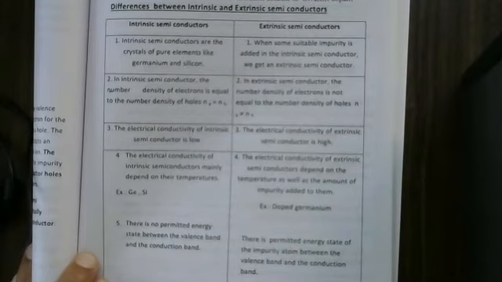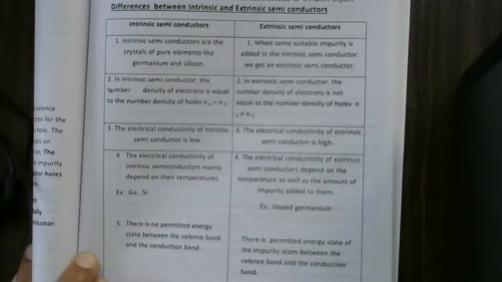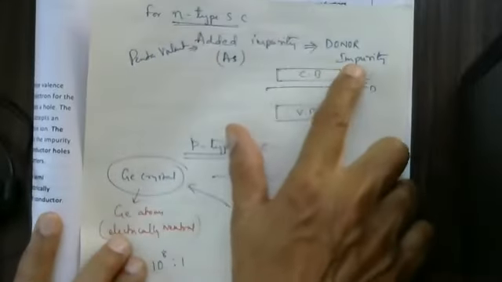In the case of p-type semiconductors, the added impurity is called the acceptor impurity. That energy level lies very close to the valence band. I forgot to say that. In the case of n-type, the added impurity is called the donor impurity.